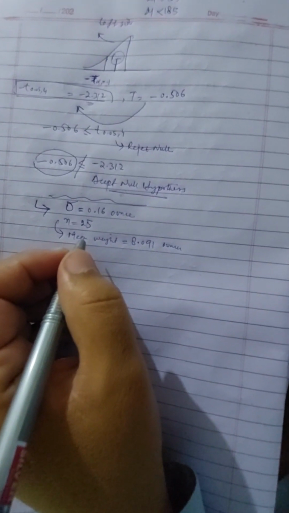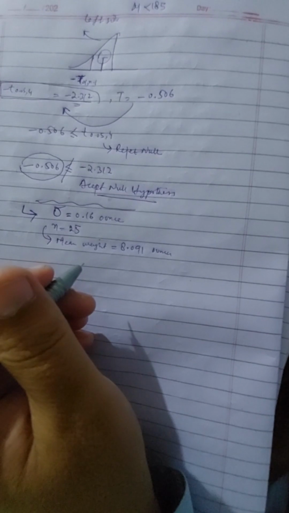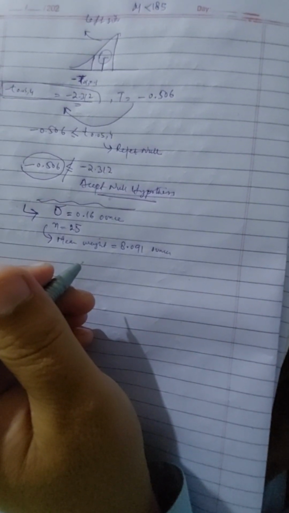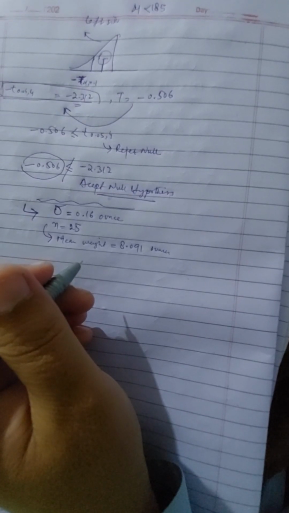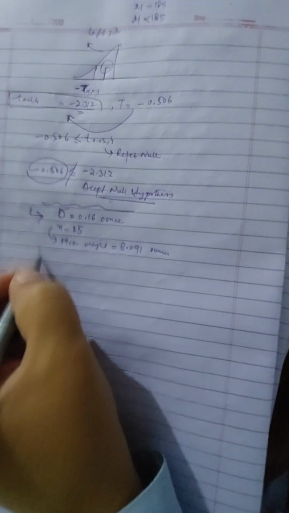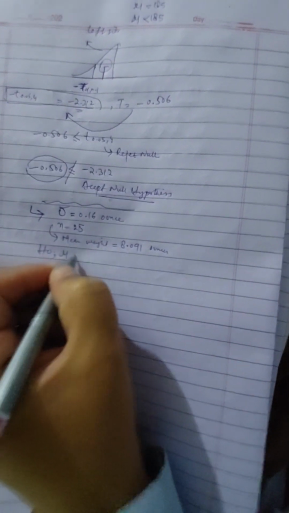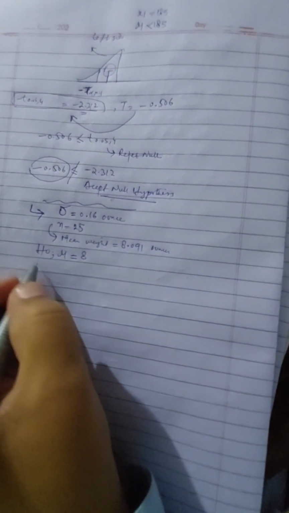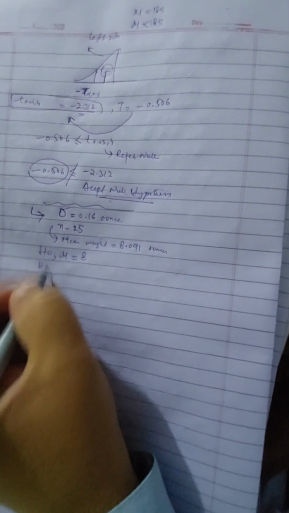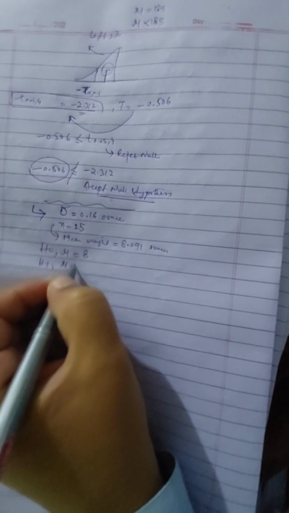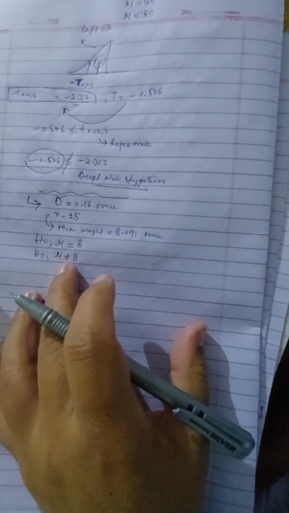Since the bakery stands to lose money when the mean weight is greater than 8 and the customer loses out when mean weight is less than 8, test the null hypothesis mu is equal to 8. So H naught is mu is equal to 8, that the mean weight is 8 ounces, and the alternative hypothesis is that mu is not equal to 8 ounces.